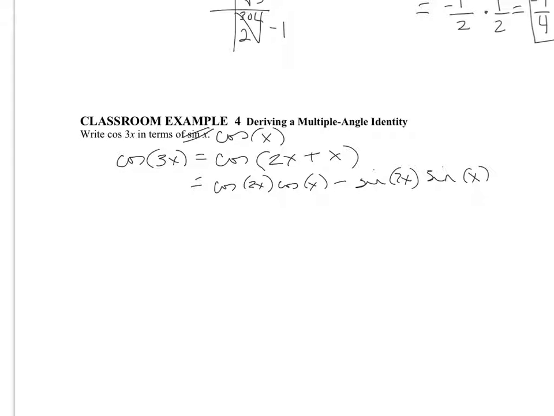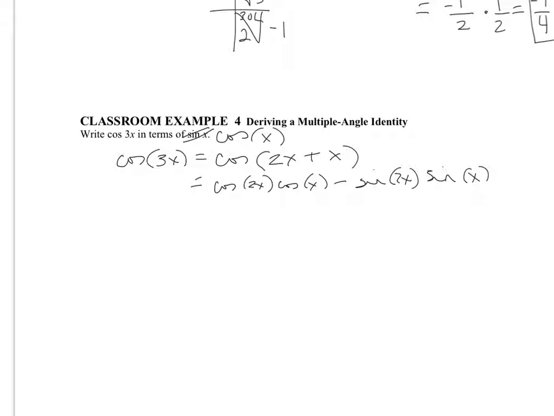Now, what can we replace out of what we just wrote? Do you see double angles? I've got a cosine 2x and I've got a sine 2x. Now, here's how I would think my way through this. I have multiple options for how to replace cosine 2x.